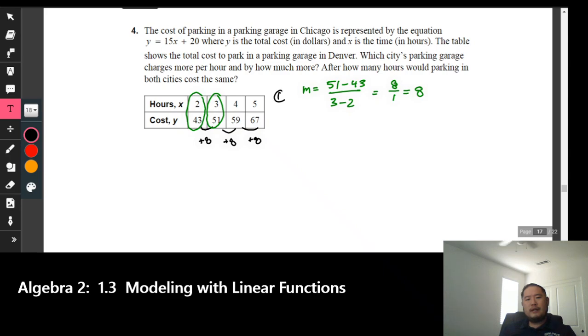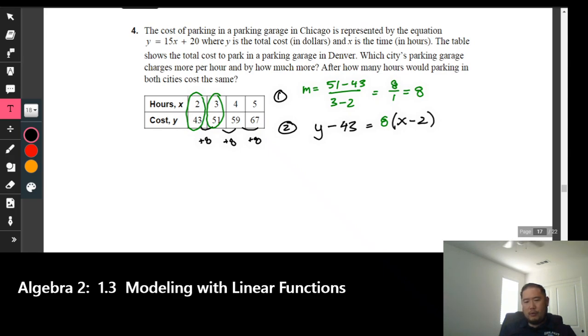Step 2, let's find the actual equation using point-slope form. We can use any one of the points here. I'll choose the first one since the numbers once again are smaller. So y minus y sub 1, which is 43, is equal to m, which is our slope that we just found, times x minus x sub 1, which is 2.